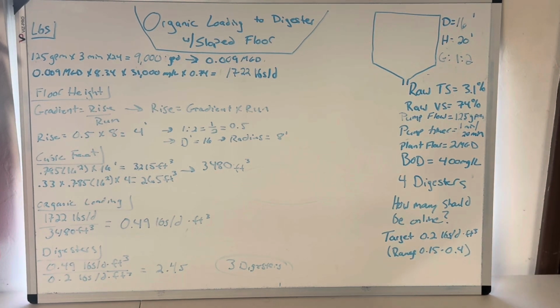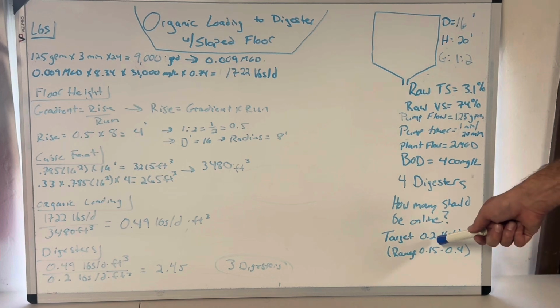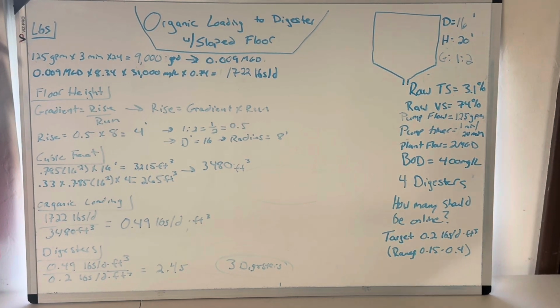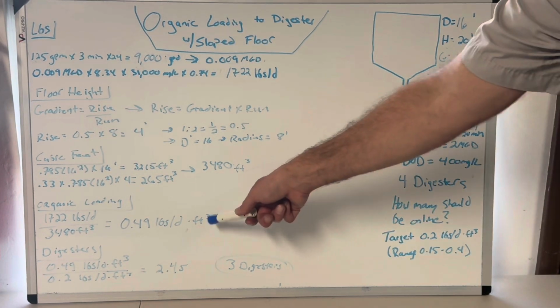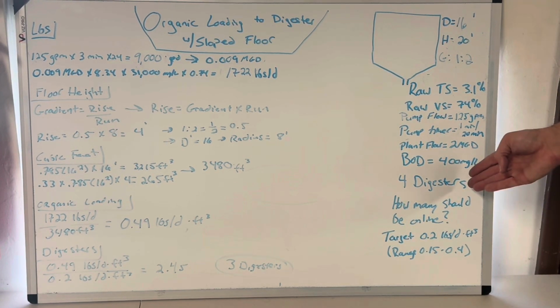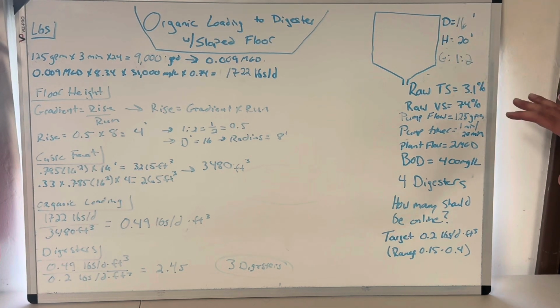I've got some study material that's very highly respected in California that pounds the table that you should be looking at a 0.2. So if they don't give you a target, you should probably assume a 0.2, but they should give you a target if they're asking you to do the next step. That's quite high for a digester, 0.49 pounds per day per cubic foot. So what we're going to do is we have 4 digesters at our disposal that are identical.